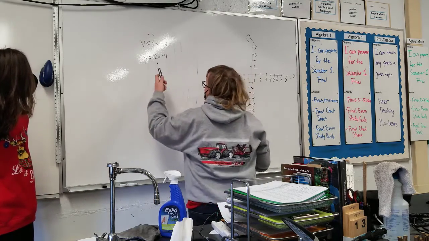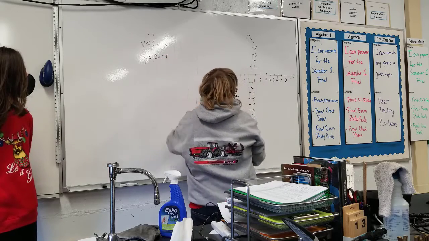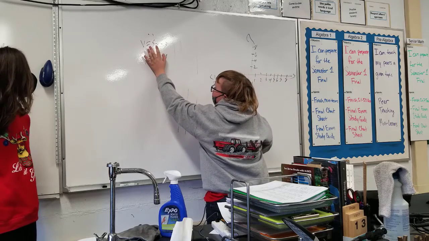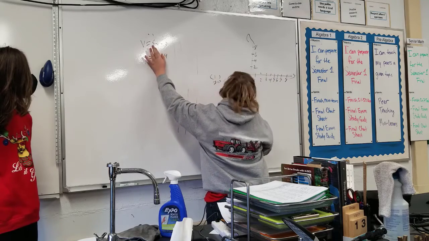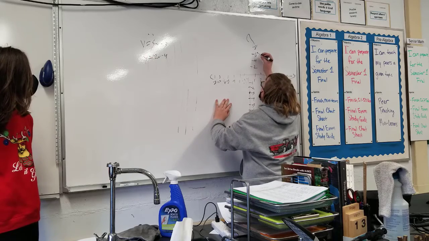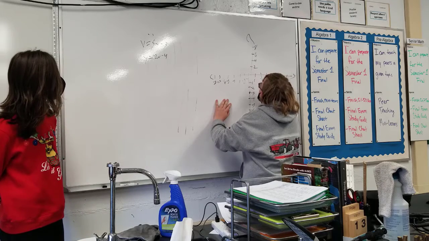Alright, so I'm going to start with the top one. So right here is our y-intercept, so I'm going to put a dot right here. And my slope is positive, so I'm going to go up 5. 1, 2, 3, 4, 5.